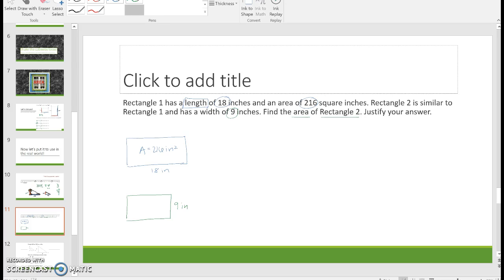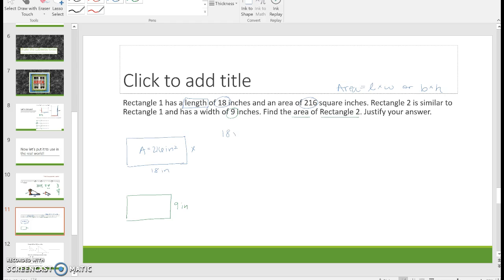Okay, so this one gives us area. Guys, remember towards the beginning of class, we said area is the inside. So to find the area, it's length times width, or base times height. So 18 times, let's say, x equals 216, right?